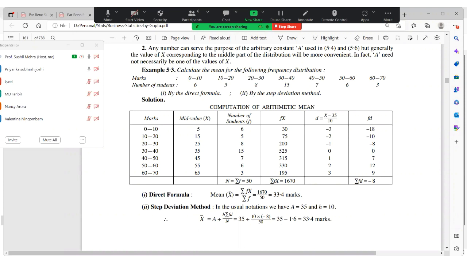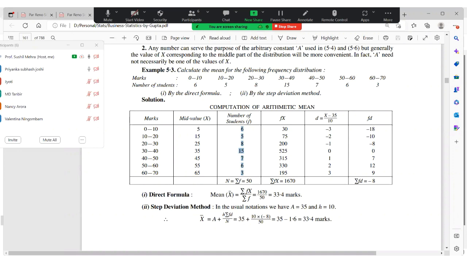So this is F, the count. Whatever we calculate, either mean or median, we always do it for the variable. So in this, the first column, marks, is the variable, right? Got it?